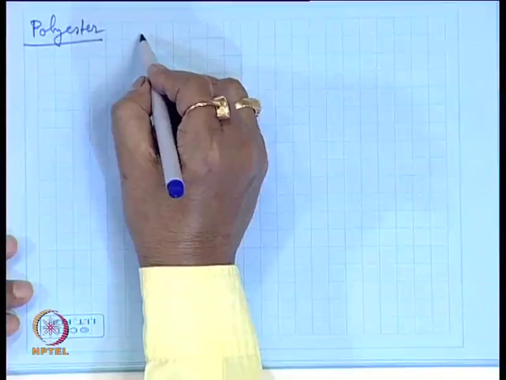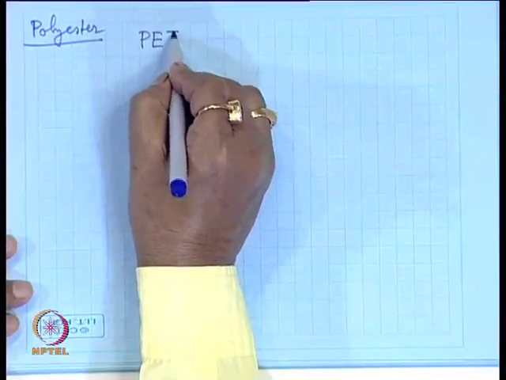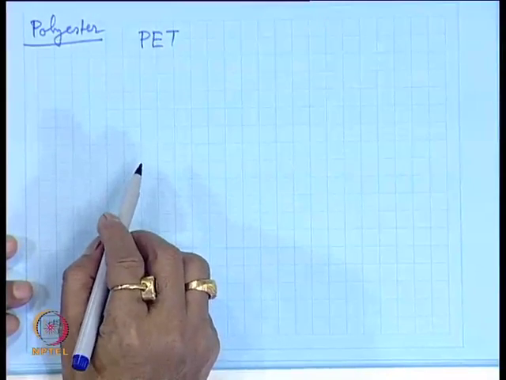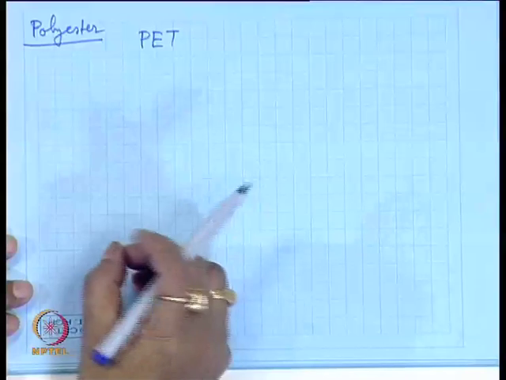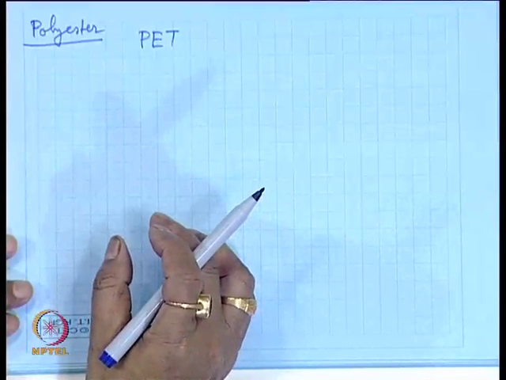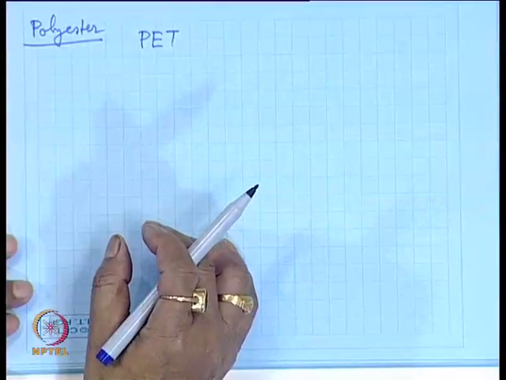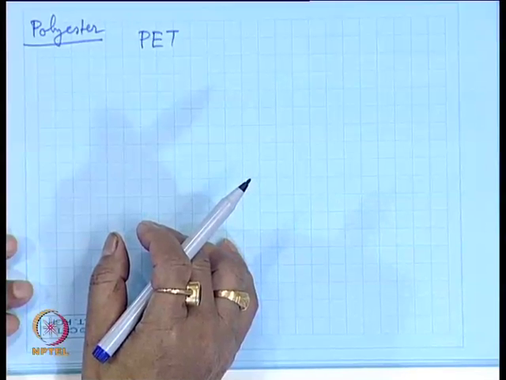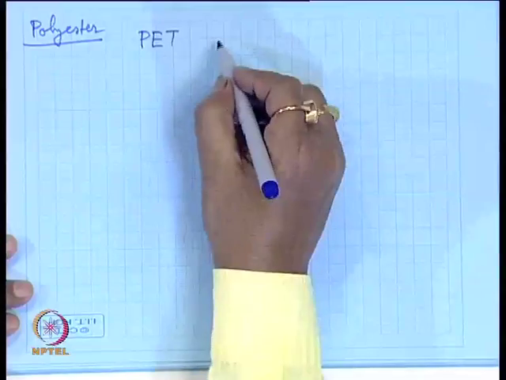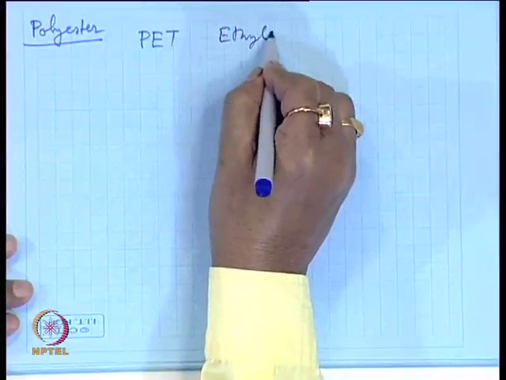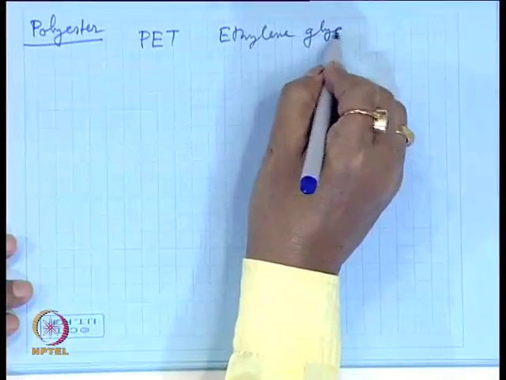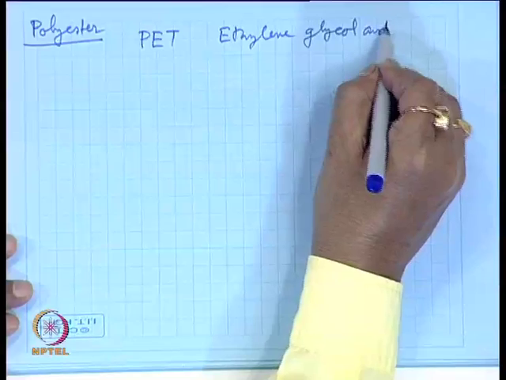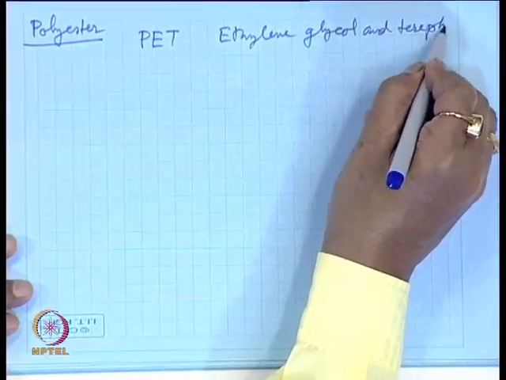You are acquainted with the polymer PET. PET is used for making bottles, films, say overhead transparency films, known as Mylar film, that is made of polyethylene terephthalate. PET. What is polyethylene terephthalate? It is a reaction product of ethylene glycol and terephthalic acid.